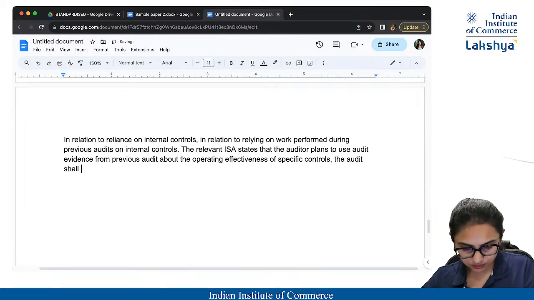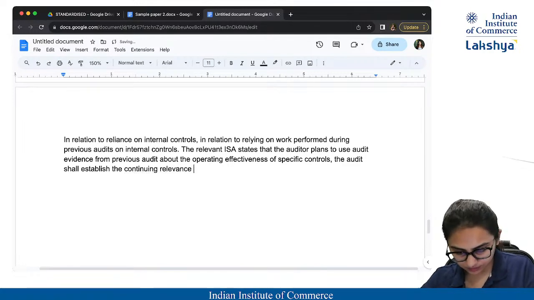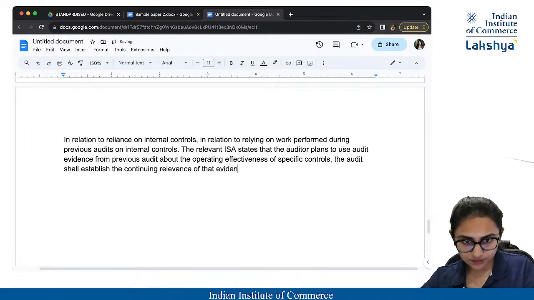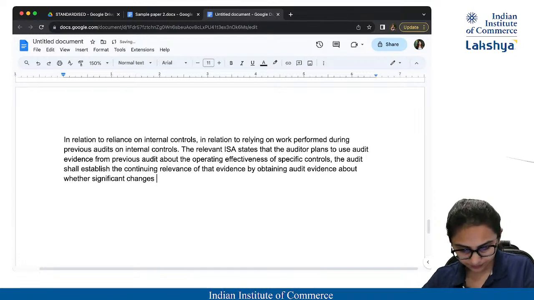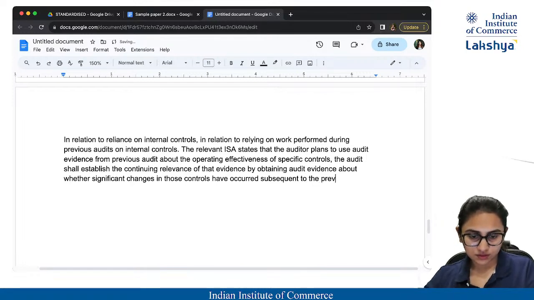the auditor shall establish the continuing relevance of that evidence by obtaining audit evidence about whether significant changes in those controls have occurred subsequent to the previous audit.